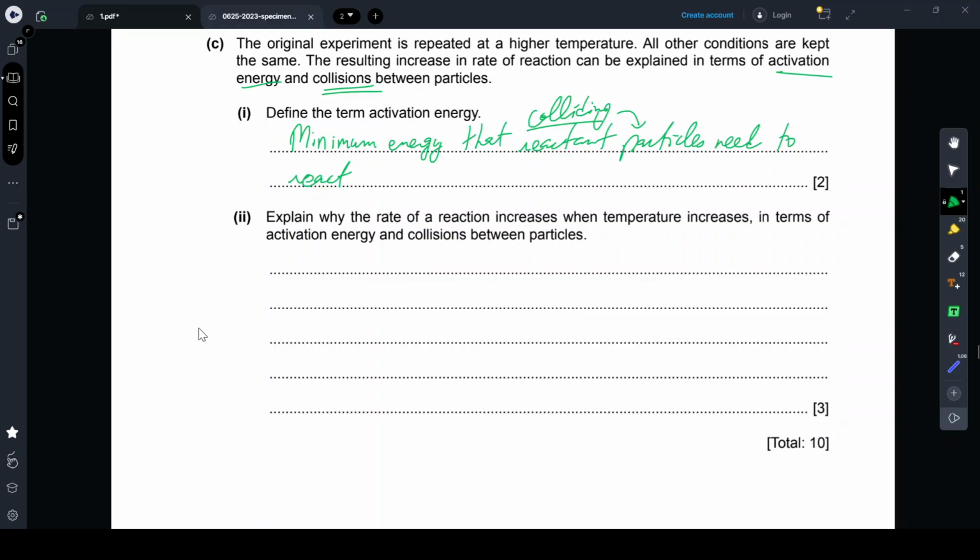Okay, so the kinetic energy of the particles increases. So they gain more energy. So more collisions happen more quickly. More frequent collisions. So kinetic energy of particles increases. You got the second, more frequent collisions.